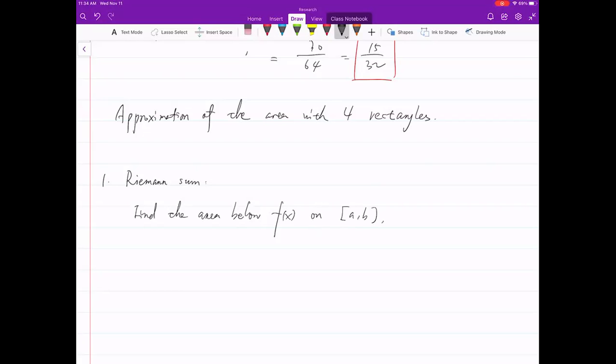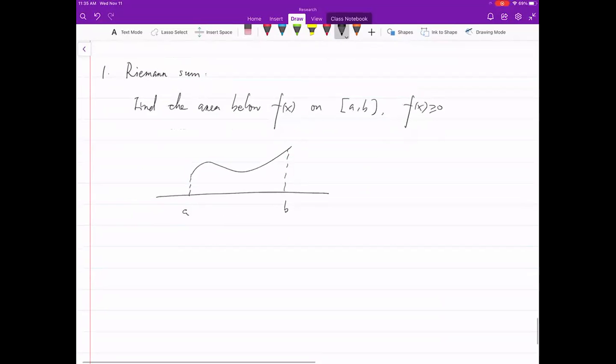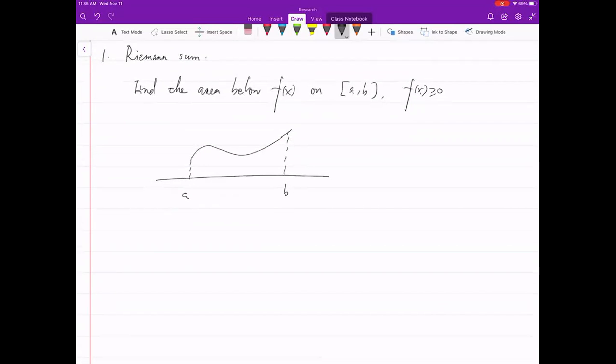Moreover, we'll assume f(x) is bigger than 0. Otherwise, we need to find an area above it. So for now, let's just assume it's bigger or equal to 0. Something like this, from A to B. Now what are you going to do?